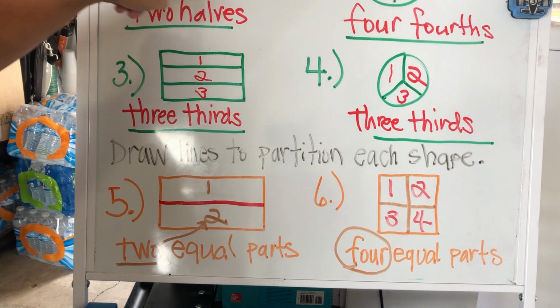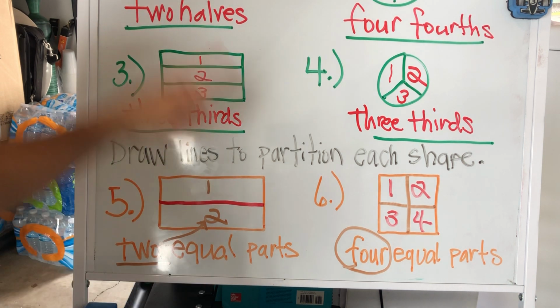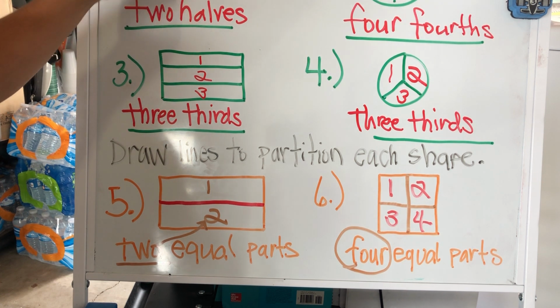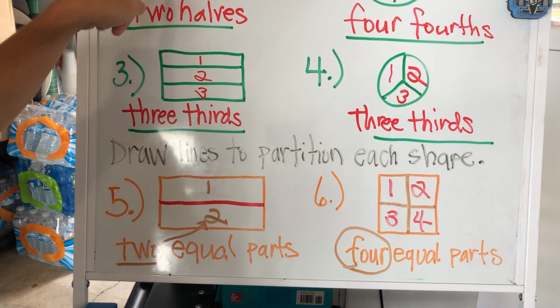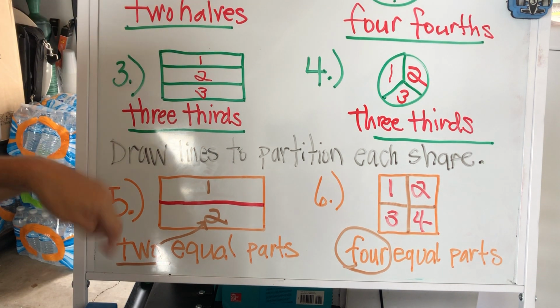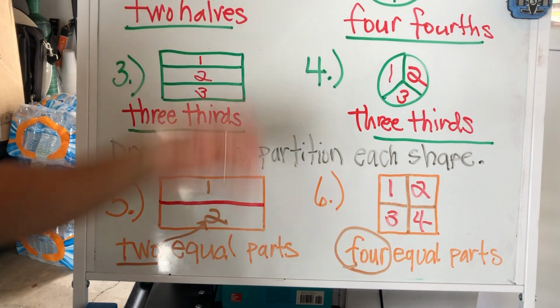This is called 2 halves because I have 1 half here and my second half here. Now each one of the halves is a part of the whole shape. So this half right here is a part of the whole shape, and this half over here is a part of the whole shape. Okay?